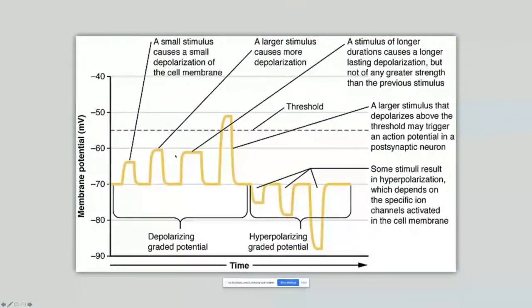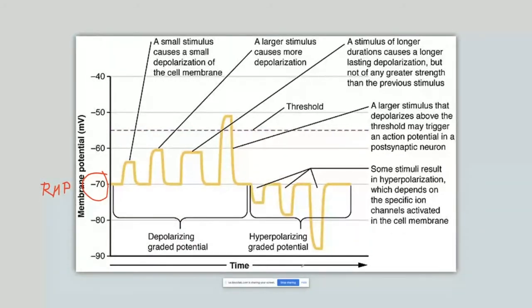So I was saying, we are going to focus here on the different membrane potentials that you see here. The -70 would represent the baseline or resting membrane potential. And these are different stimuli that a neuron might be receiving.